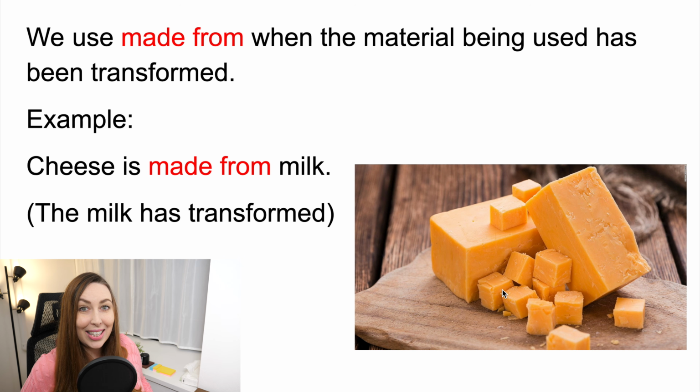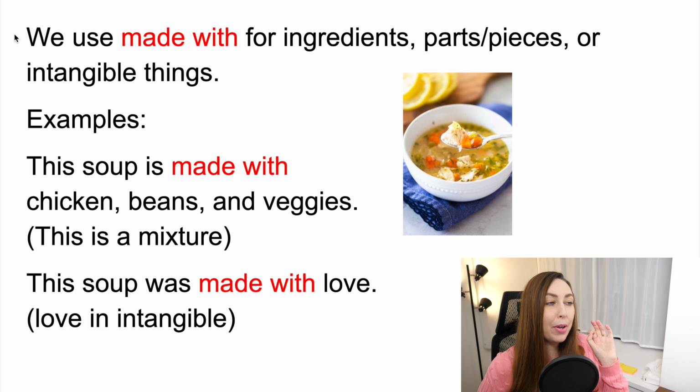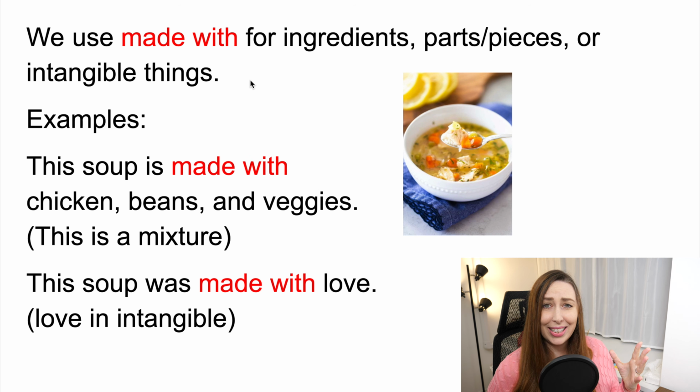Let's check out the next one. Here we have made with. Made with. So we use made with especially for ingredients, parts and pieces, or intangible things. So, what are intangible things?